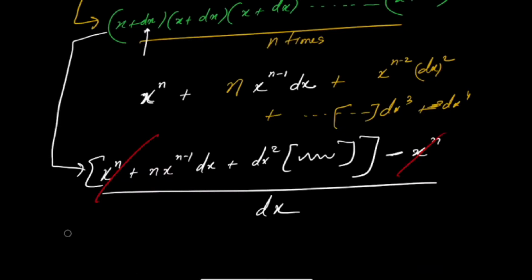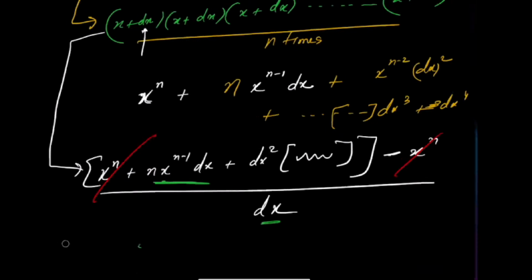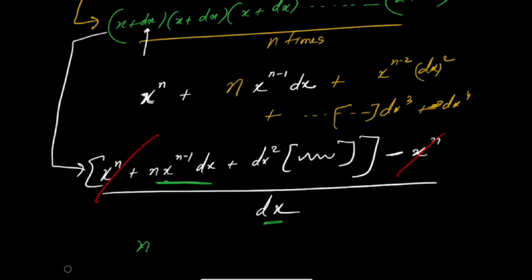You have n into x power n minus 1 into dx by dx. So dx will cancel, and what will remain? n into x power n minus 1. Plus dividing by dx, the dx square will leave a dx remaining, into something that I am not interested in. Now you see why.